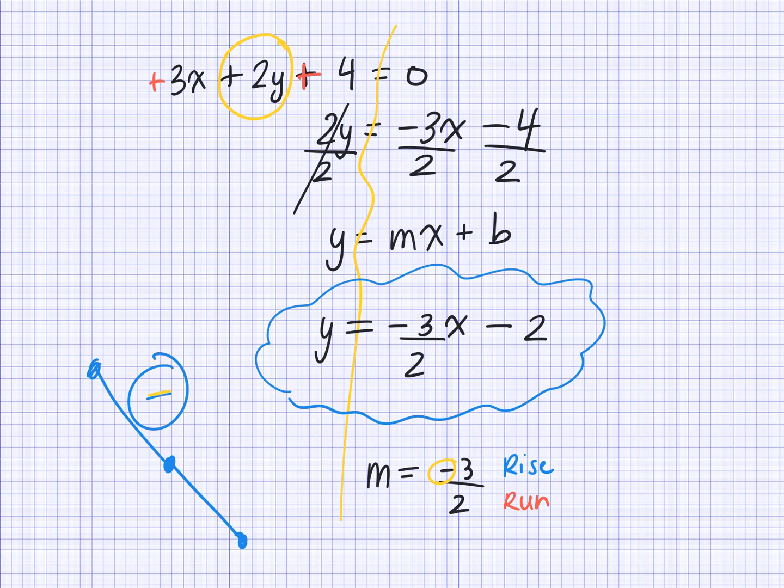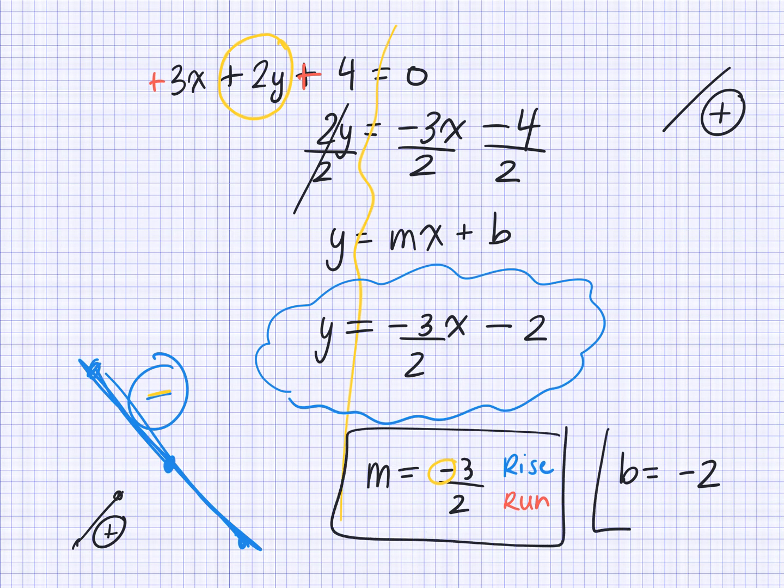You have to remember which way to draw the line. If it's negative, it's drawn in this direction. If it's positive, it would be drawn the other direction. So you need to memorize that. What is the y-intercept? Negative 2. Okay, we have our two main important things.